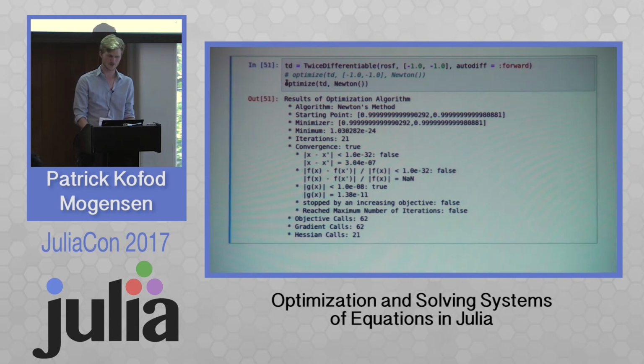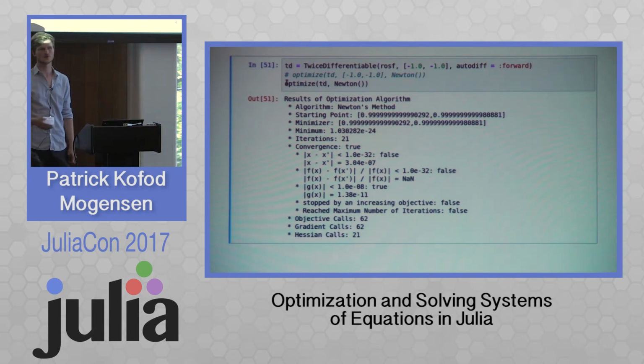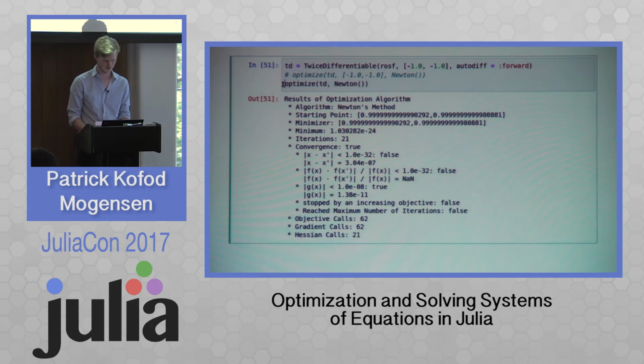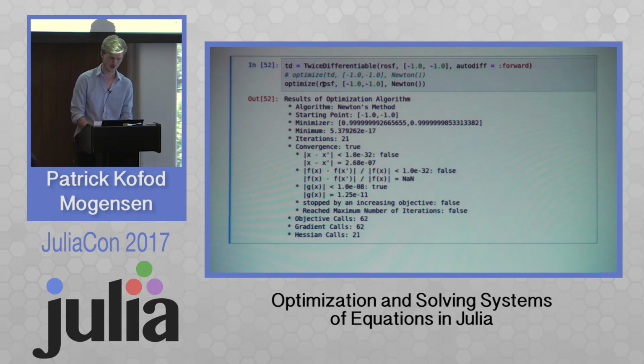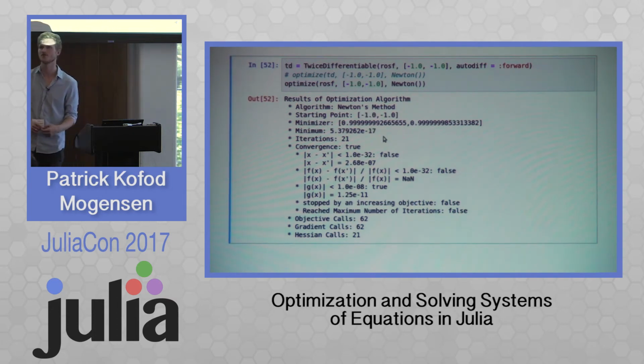Okay, so if we run that, we see that it is the exact same solution as when we used the functions that we had written ourselves. And as I said, if we just pass the objective and then some initial value, it will also give the exact same answer, but this time using finite differencing, because that is the fallback method.